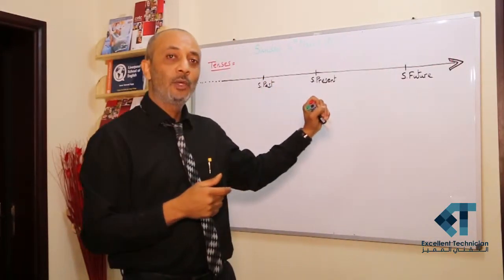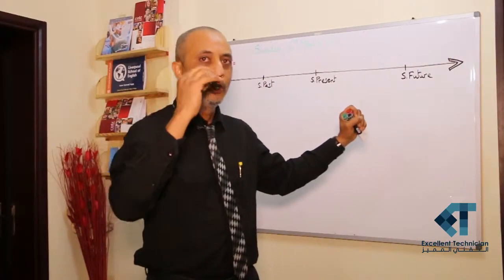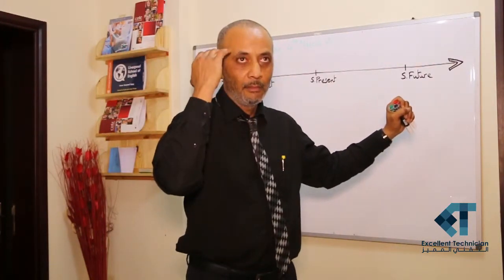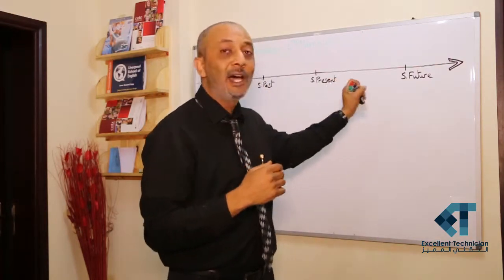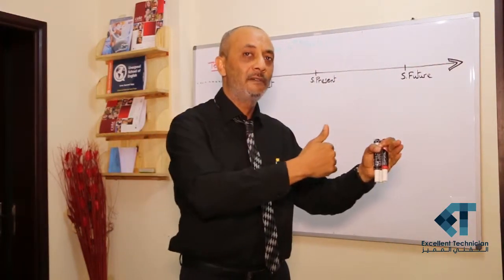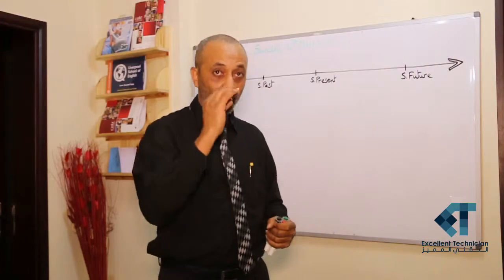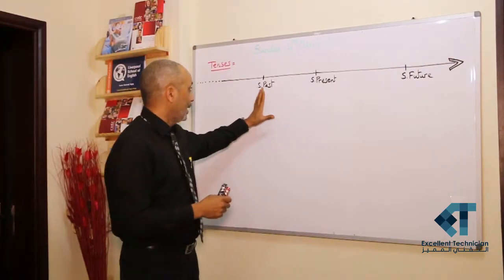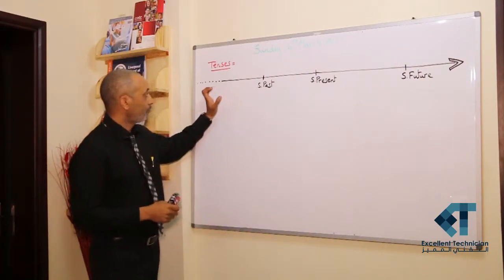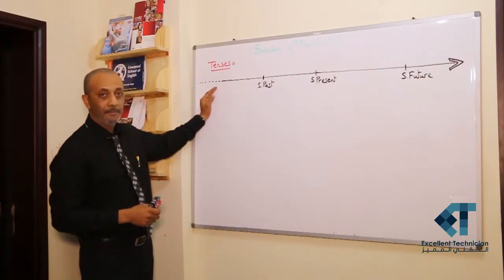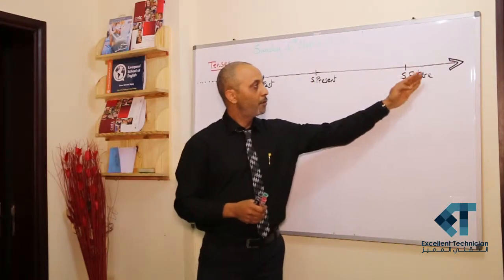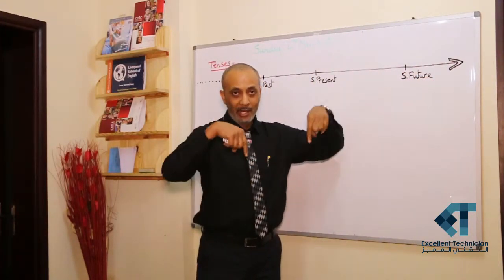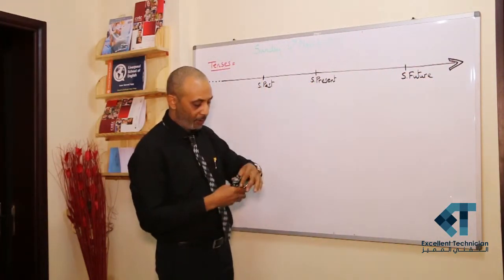The first thing that we must know and bear in mind is the timeline. I mean the sequence of tenses according to time of occurrence. This is the timeline starting from the past to the future. Now we are here in this point.